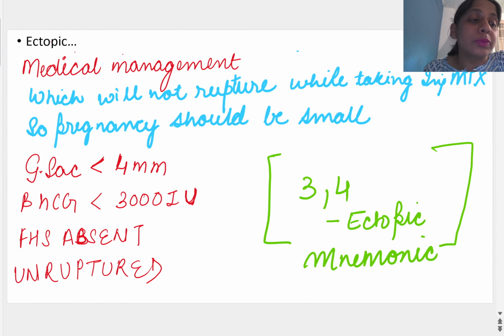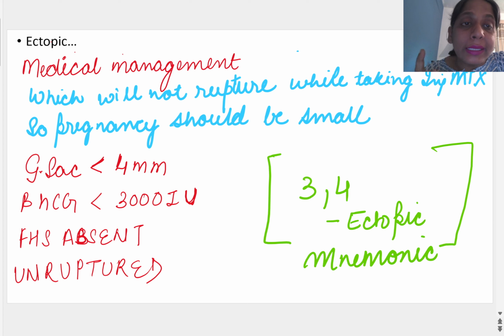To diagnose a small pregnancy, the criteria given: gestational sac should be less than 4 mm. If it is less than 4 mm, it means there is less tendency for this pregnancy to rupture in 1 or 2 days. So we will give injection methotrexate.